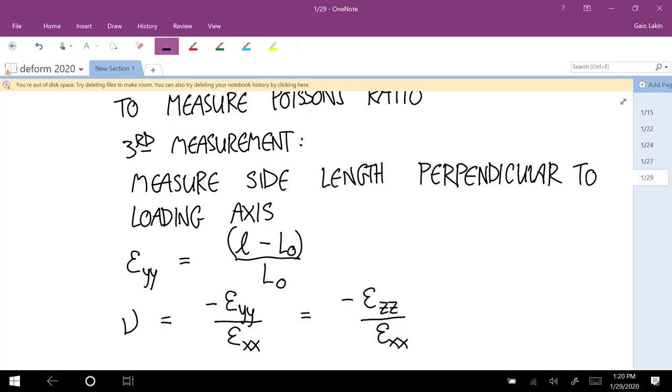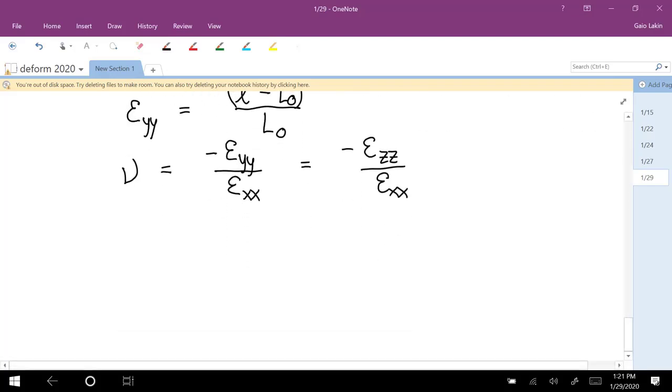And that negative sign is there because if it's getting longer, you're stretching it, that's going to make it contract off axis. And if you're compressing it, that's going to make that smaller. It's going to make that negative. So yeah, if it contracts this way, it's going to bulge out the other way. Okay, so that's what that negative sign does. It makes Poisson's ratio always positive.